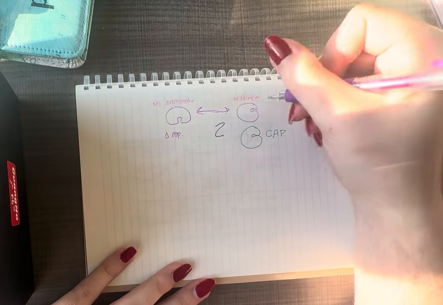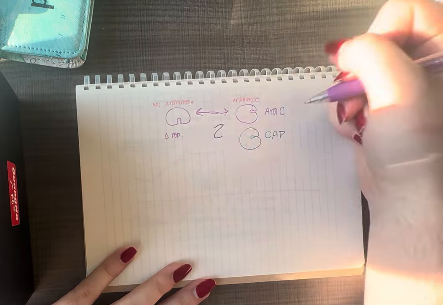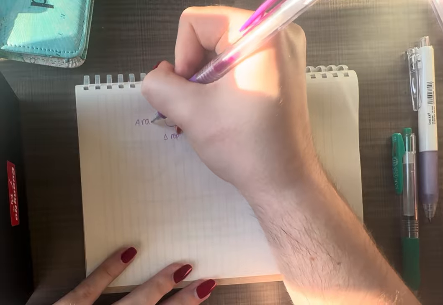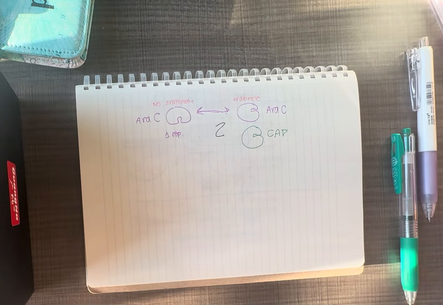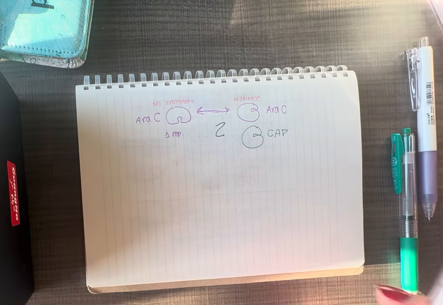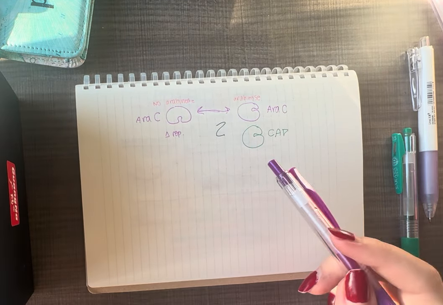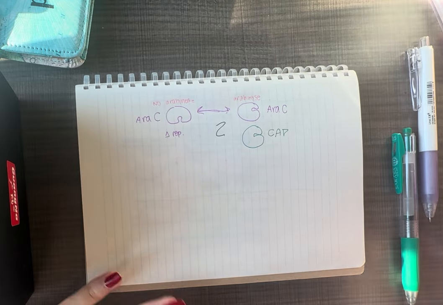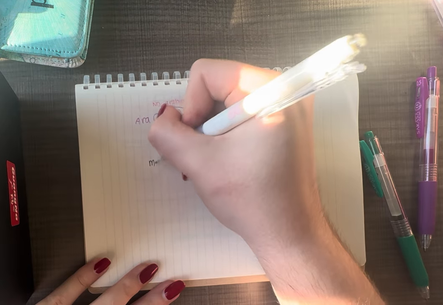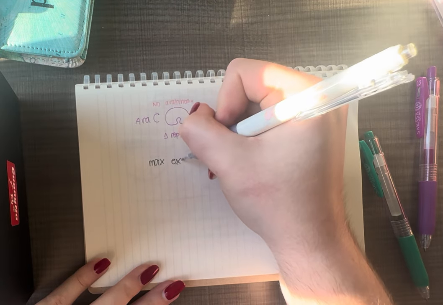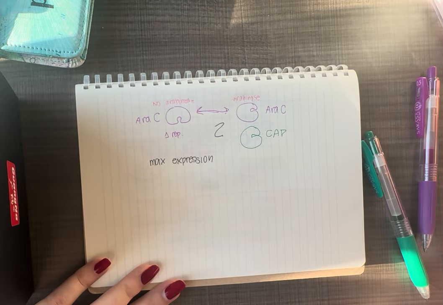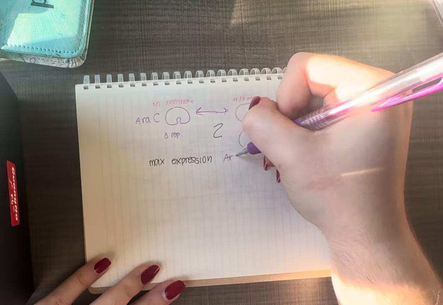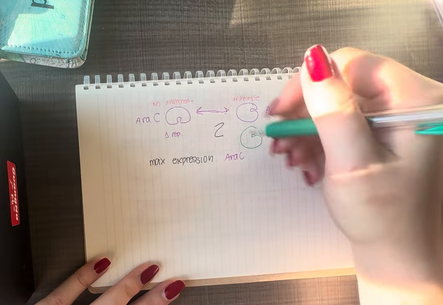So this is AraC. The only difference between this and the lactose operon is that for you to have max expression, you need both AraC and CAP to be working.